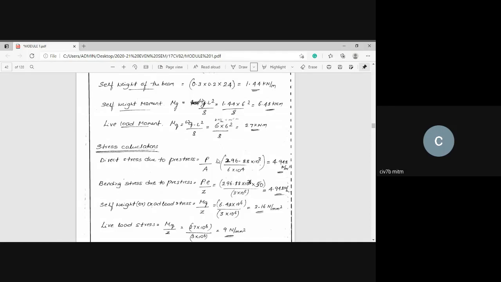So you substitute the pre-stressing force in Newton, which is given in kilonewton, divided by millimeter square, and you will get the answer 4.948.